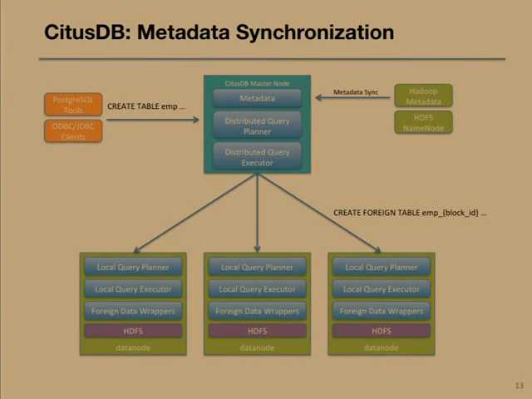This allows the master node to map an HDFS file name to a set of blocks and data nodes in the underlying storage pool. Once the table is created and the metadata has been synced, the master node talks to each one of the worker nodes, and it creates a foreign table per block on each one of the data nodes using the HDFS foreign data wrapper.